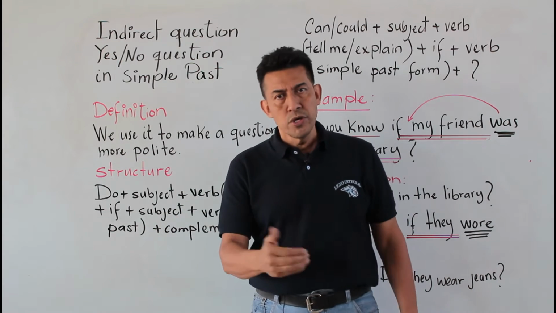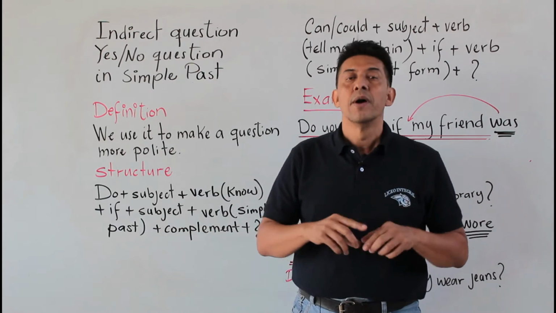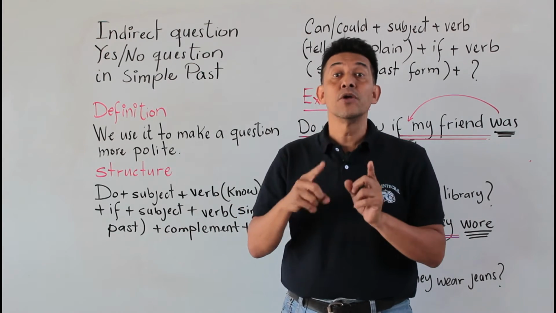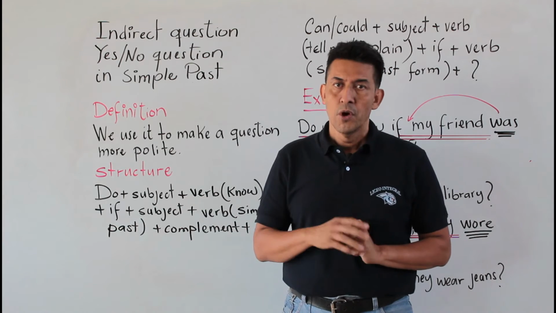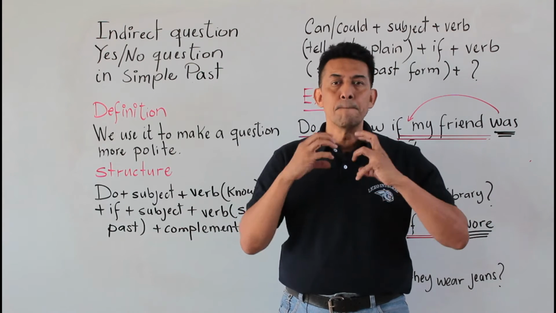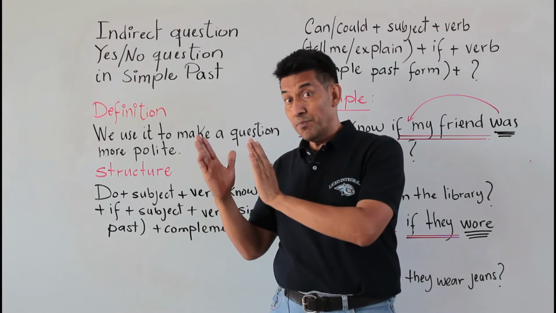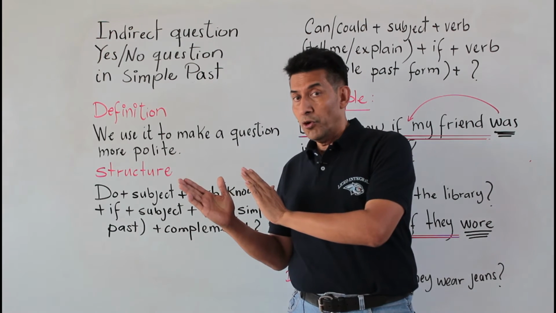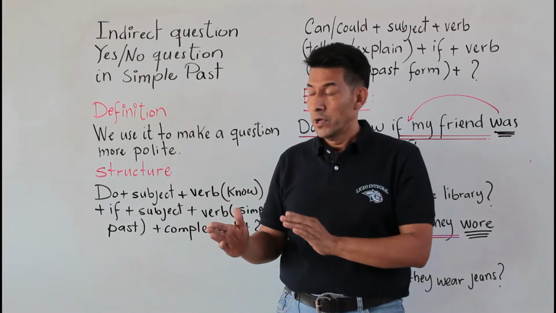Remember, when we use simple past, we have to deal with regular verbs and irregular verbs. So we have to be very careful. We have to know most of the verbs that are in the simple past form, regular ones and irregular ones.